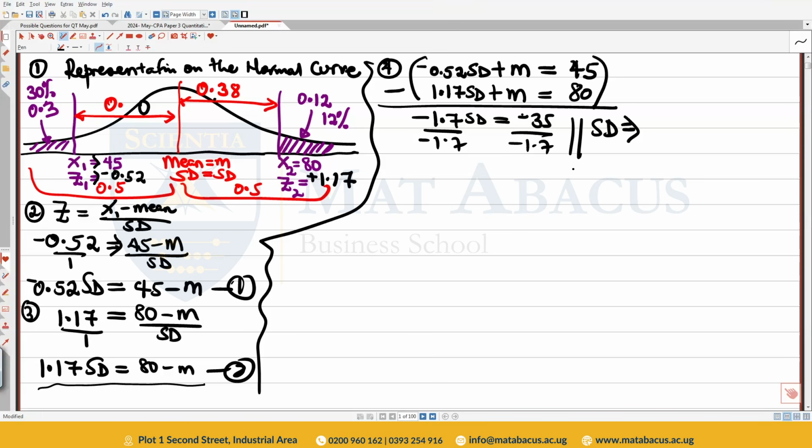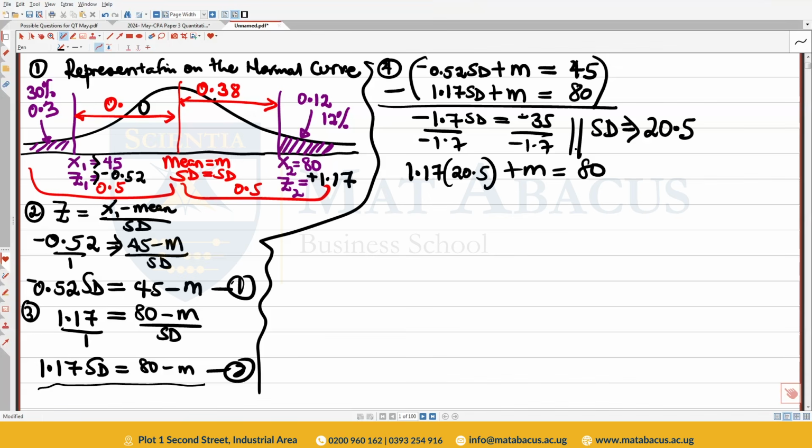I'm suspicious. I think we had made a slight mistake. When you replace back, 1.17 times 20.5 plus M is equal to 80. We had made a mistake, so when you're reading, please make those corrections.